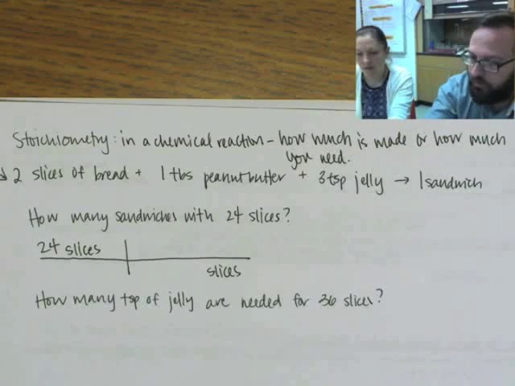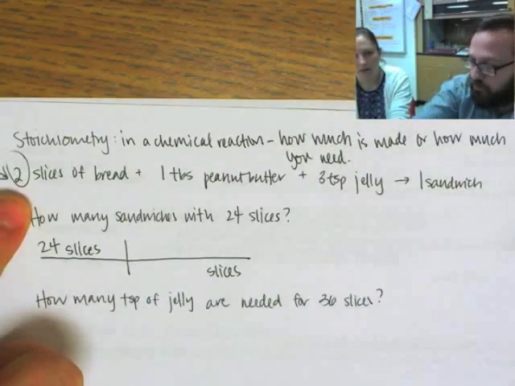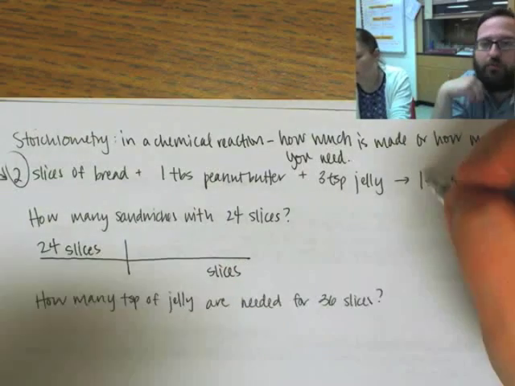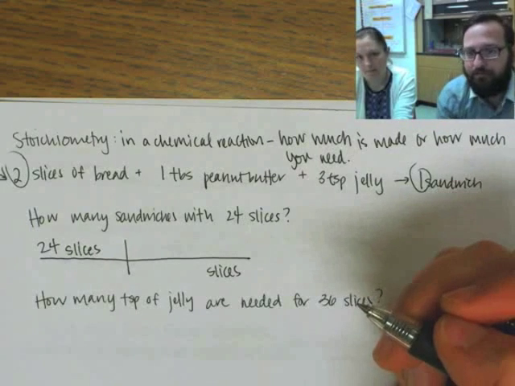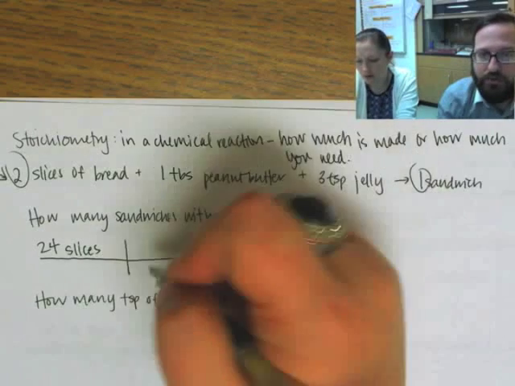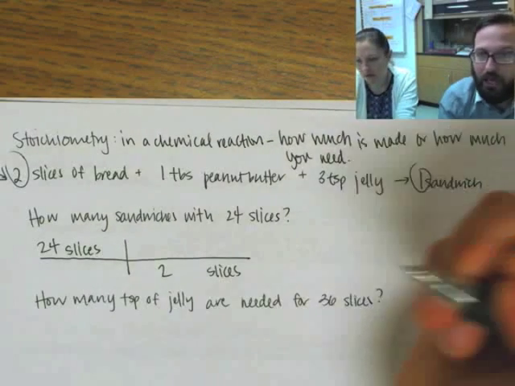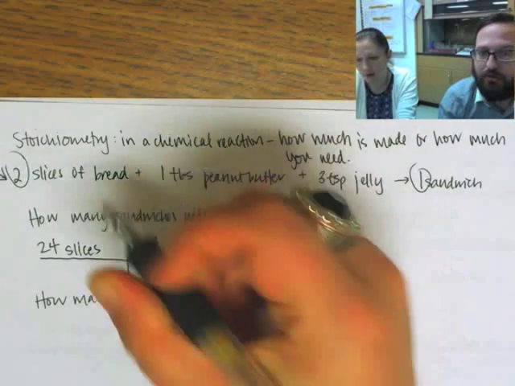So we know 2 slices is how much we need to make 1 sandwich. So 2 slices of bread goes on the bottom, and 1 sandwich goes on top.